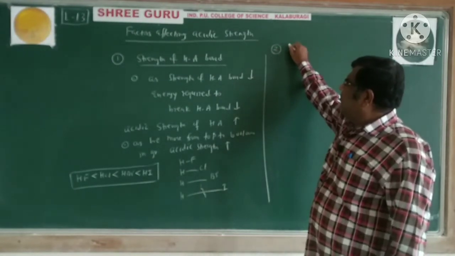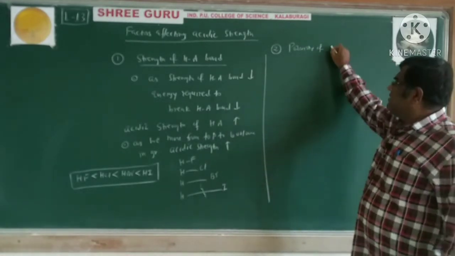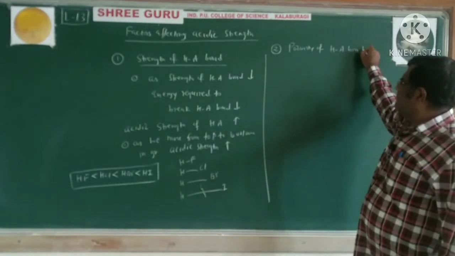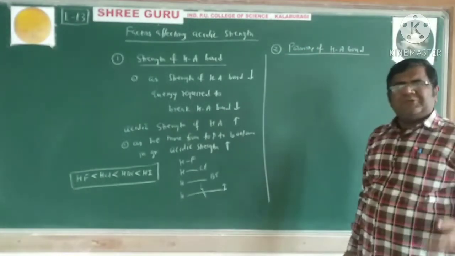Another is the polarity of HA bond. Now polarity is due to electronegativity difference, that also you are learning.